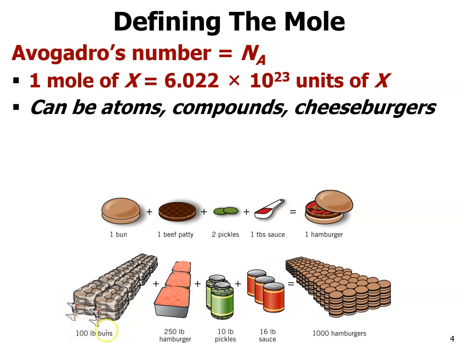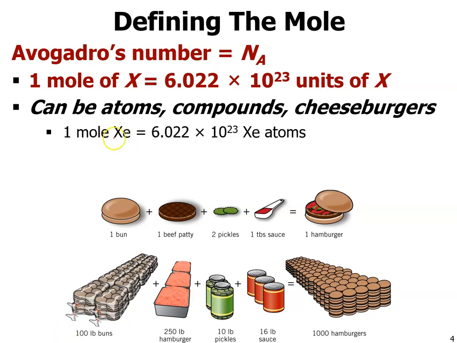So we need to put this in pounds, right? We might have 100 pounds of buns and 250 pounds of hamburger, 10 pounds of pickles, 16 pounds of ketchup, right? And that will allow us to make the right number of hamburgers as a final product.